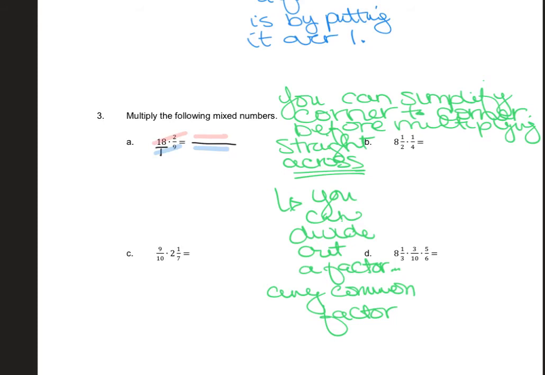So you can do 18 divided by 9 is 2. 9 divided by 9 is 1. So rewriting this problem, you actually have 2 over 1 times 2 over 1, which then multiplying straight across, you have 4 over 1, which just equals 4.